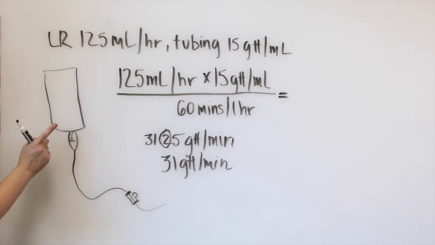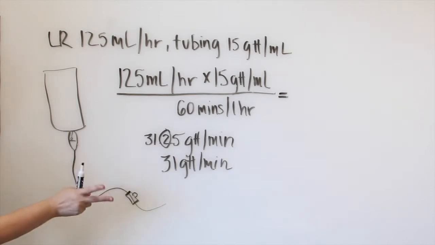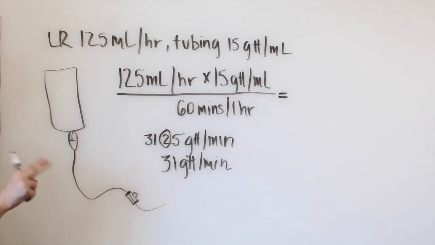So you count for 15 seconds. Once you ballpark it, that's your rough estimate, then you fine tune it to be 31 drops per minute, and you will count it out for a full 60 seconds to make sure you get 31. So that's basically how you calculate the number of drops per minute manually.